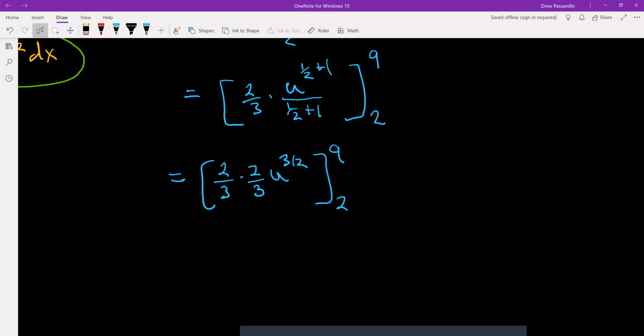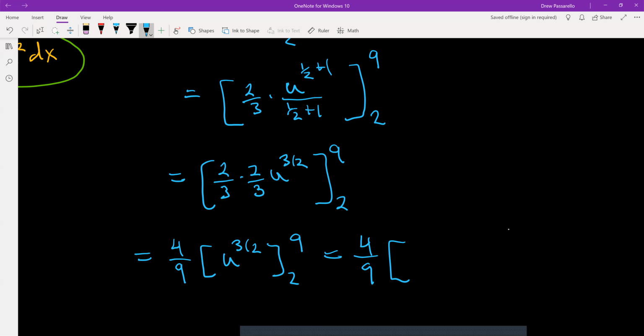Now I'm going to factor out 4/9, and then focus on u to the 3/2. And then I apply the fundamental theorem of calculus. So this would be 4/9 times 9 to the 3/2 minus 2 to the 3/2.